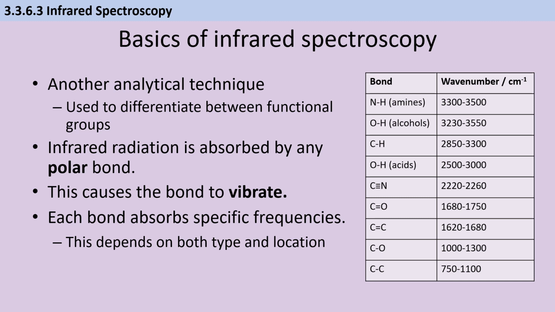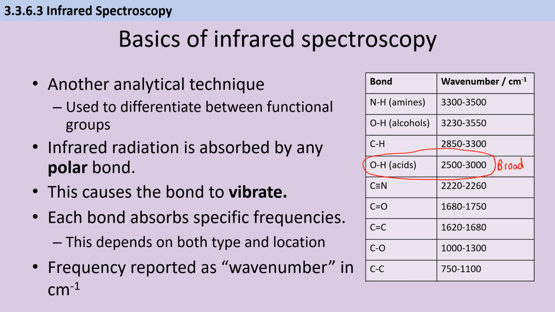You can see that they are in different places, and also that the peak for OHs in acids is quite broad, and you'll really get used to identifying this in the spectrum. You'll just see that it's this really, really broad peak. And we should also say that this number, wave number, is the frequency, and it's expressed in per centimetres, so in other words, 1 divided by the wavelength.